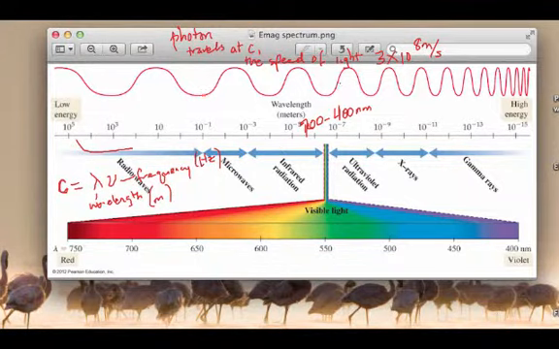So this is low frequency, high frequency. Frequency is the number of wavelengths that pass in a second. So more wavelengths can get through in a second if the wavelengths are small. So the low frequency ends up being associated with low energy.